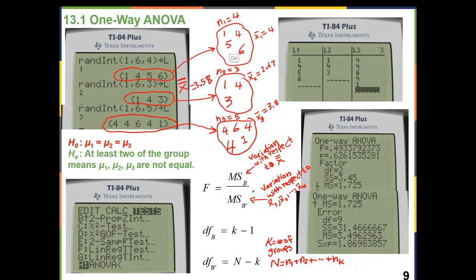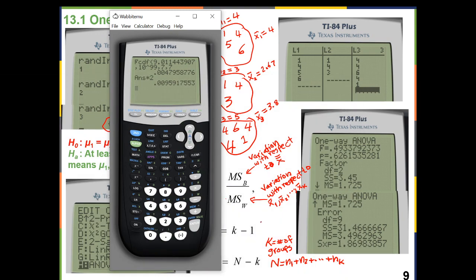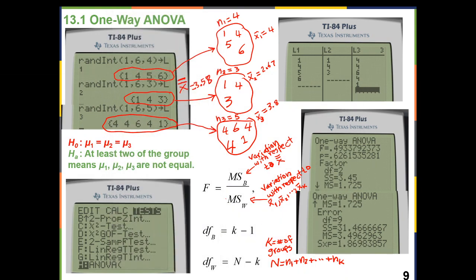Now, the test is like this. I'm going to put these numbers in L1, L2, and L3 as 3 samples, right? And then I'm going to run a test on the calculator. It's called ANOVA. See?